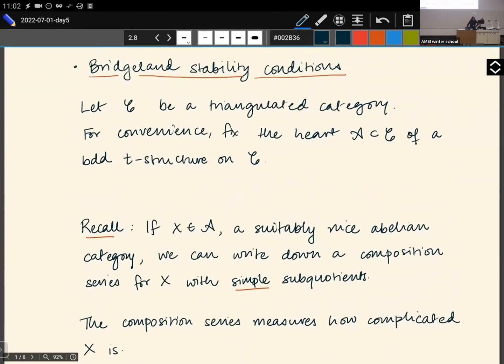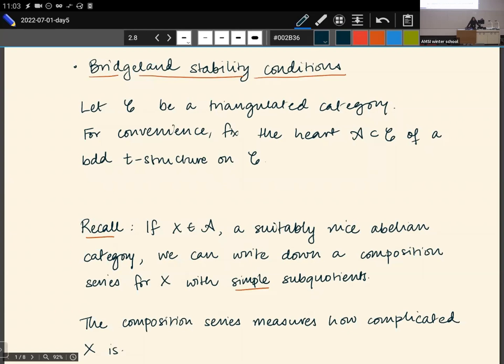So recall that if you have a suitably nice abelian category, you can write down a composition series for objects in your category, or a Jordan-Hölder series. Once you do that, you can break up objects as decompositions of simple objects. That's a really nice way to study the complexity of objects in your category, which can often be quite hard and has lots of structure hidden inside of it.